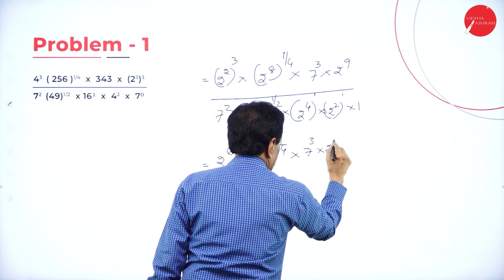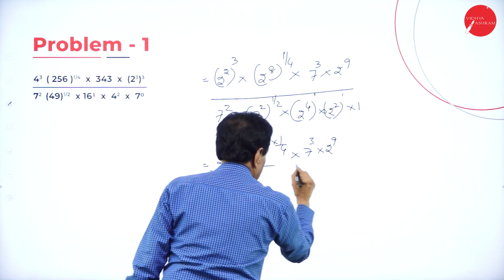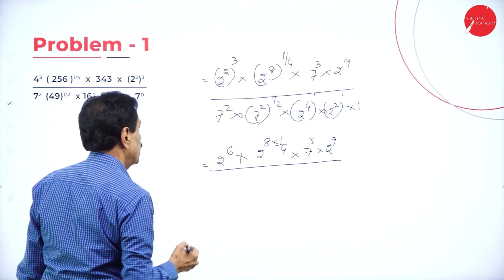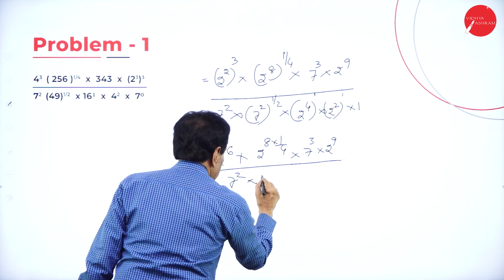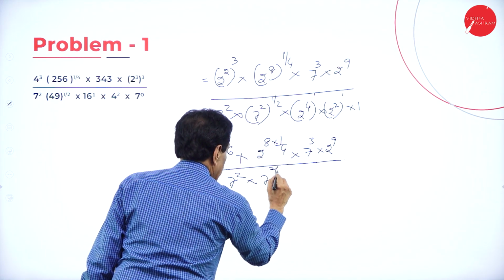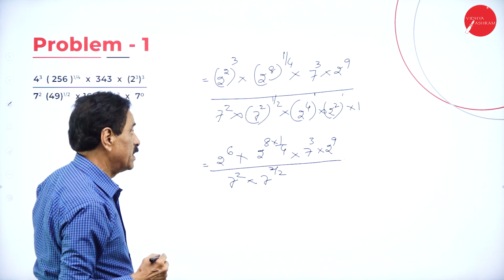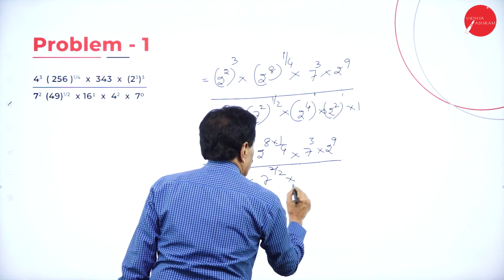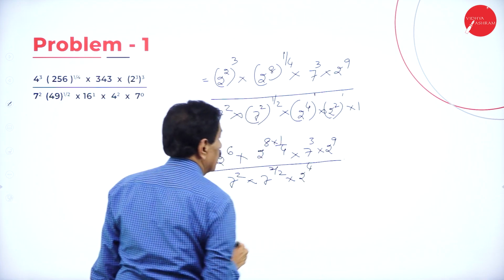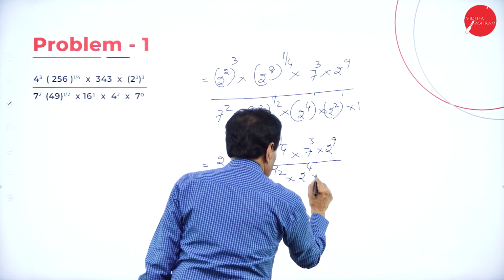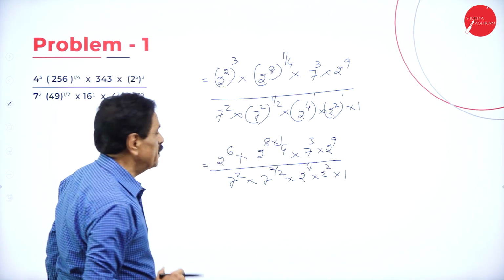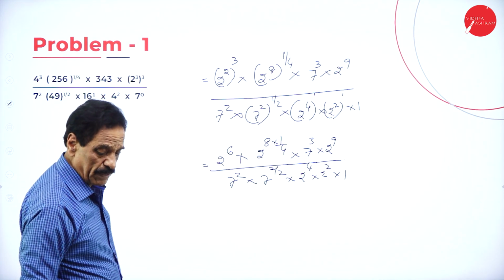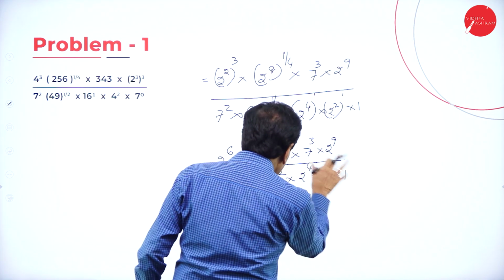This is 2 to the power of 9 divided by 7 square, 7 to the power of 2 divided by 2. 2 ones are 2. This is 2 to the power of 4. This is 2 to the power of 2 into 1. Simplification, just a simplification. So take the base of this.